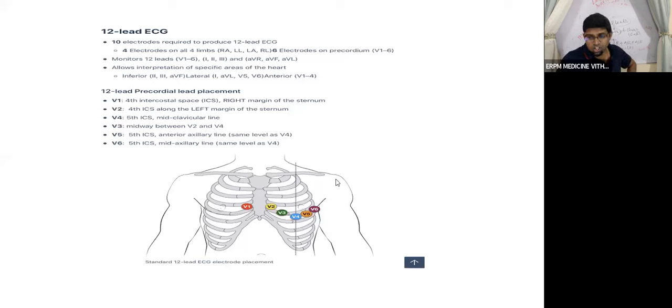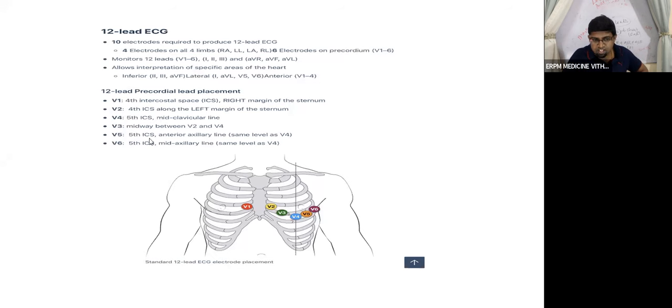Once you put the V2 and V4, at the midpoint between the V2 and V4, you put the V3. Understood?